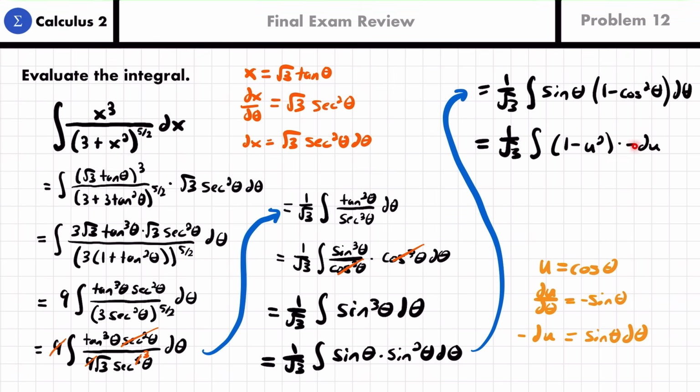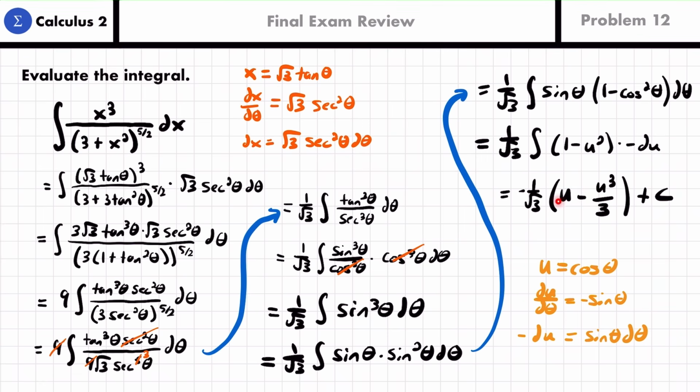Okay, and so then pulling this negative out to the front and integrating 1 minus u squared, we get that this is equal to negative 1 divided by the square root of 3 times the integral of 1, which will just be u, minus the integral of u squared, which if you add 1 to the exponent and divide by that new exponent, you'll get u cubed divided by 3. And then don't forget about the constant of integration plus c. Okay, but then we want to go back into terms of theta, right?